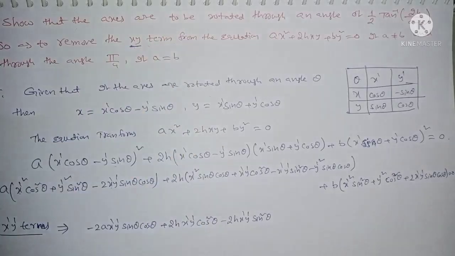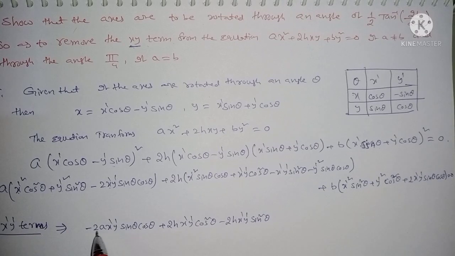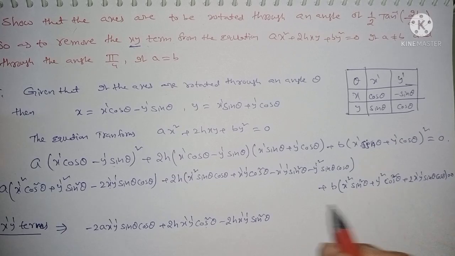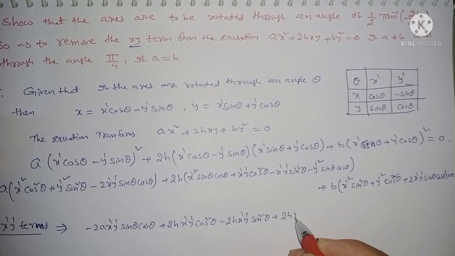Given, remove the xy terms, therefore this term must be 0. Therefore you got your first term minus 2a x dash y dash sin theta cos theta. In the second term you got 2h x dash y dash cos square theta minus 2h x dash y dash sin square theta, and last you got 2b x dash y dash sin theta cos theta is equal to 0.